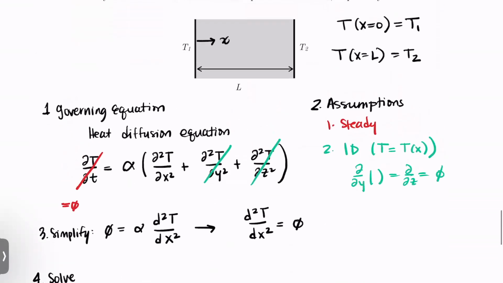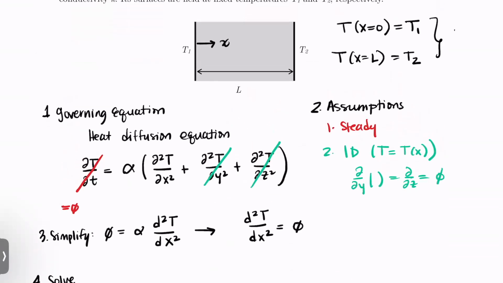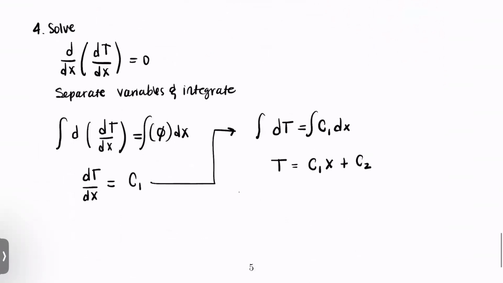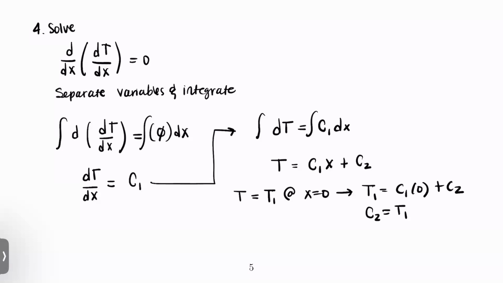And I'm going to apply boundary conditions to find C1 and C2. I've already written them down up here. These are my boundary conditions. So we have that T is equal to T1 at x equals 0. So that means we have T1 is equal to C1 times 0 plus C2. So C2 is equal to T1.